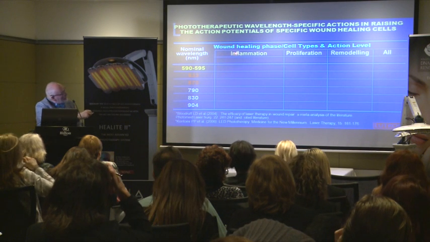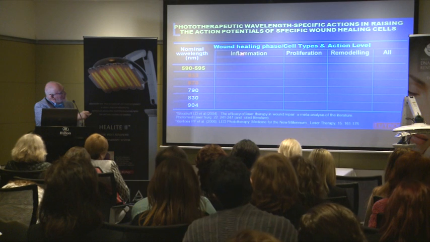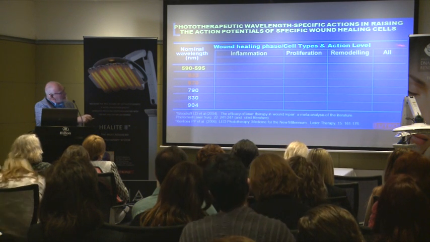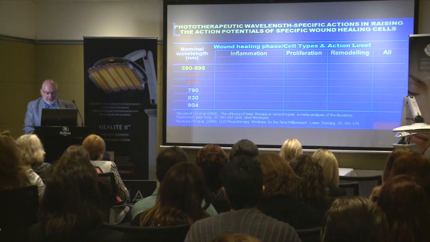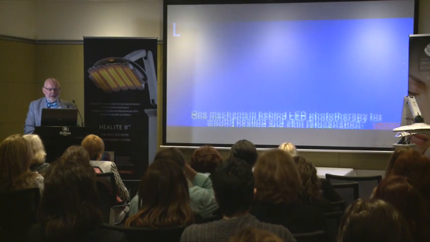And then we look at the wound healing phase cell types and their action level. We get inflammation, proliferation, remodeling, and then all stages of the skin. In inflammation, as you remember, the main cells are the mast cell, the macrophage, and the neutrophil. And if we look at the literature to see what wavelength activates these cells best, it's our friend 830, both in vivo and in vitro.